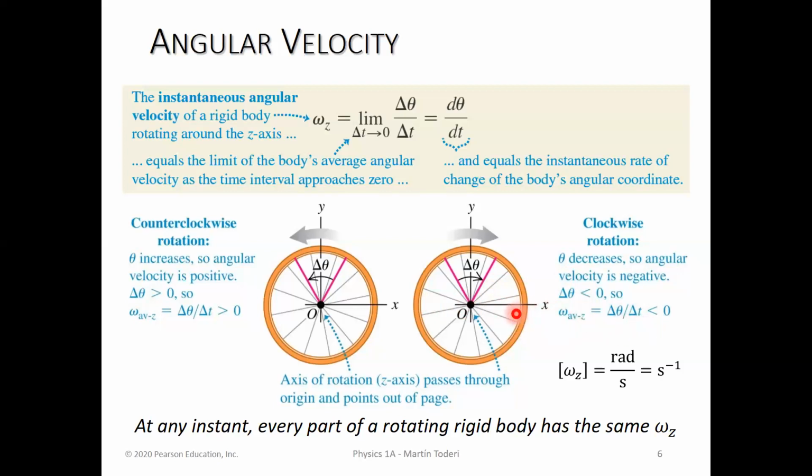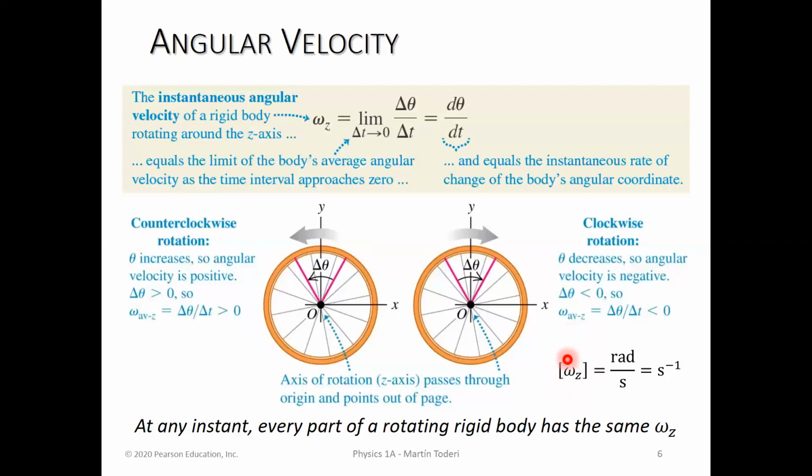And the fact that the angular velocity is positive or negative is just establishing the direction of the rotation that the object has. All right. So similarly to what we have when the velocity is pointing in one direction or the other.